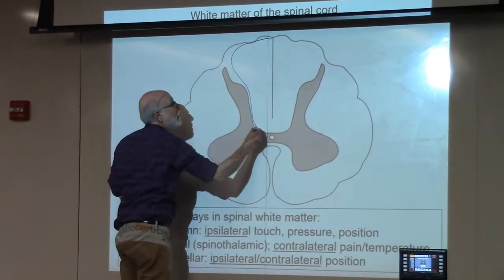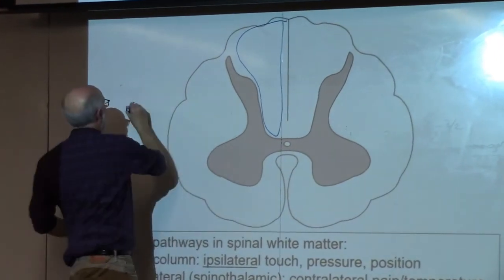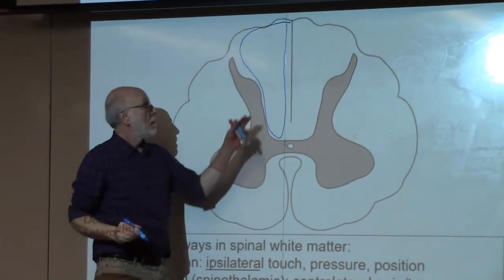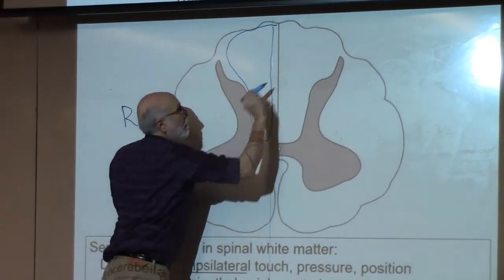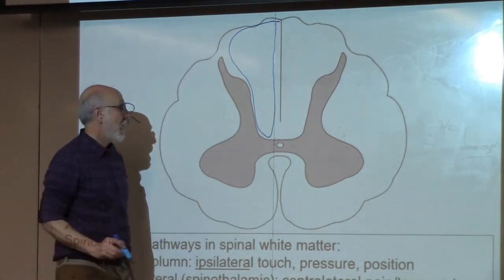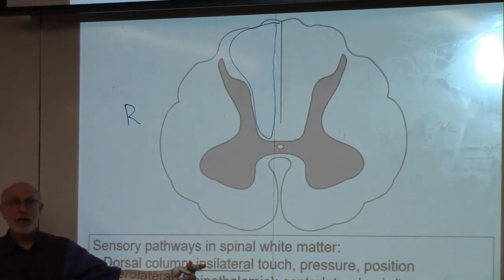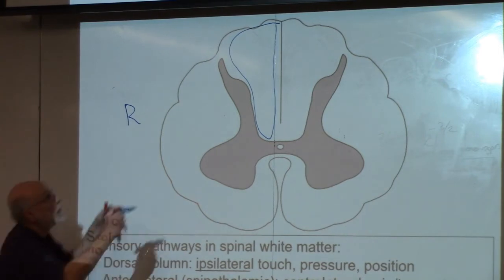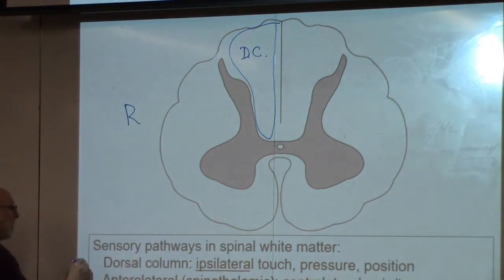This is the right dorsal column, and that's the left dorsal column. And it carries ipsilateral touch, pressure, and position information. I'm just going to say this is the dorsal column, and there's the information that it carries.